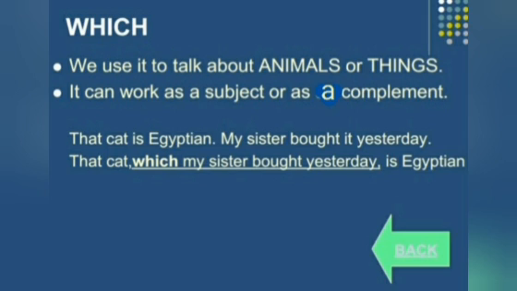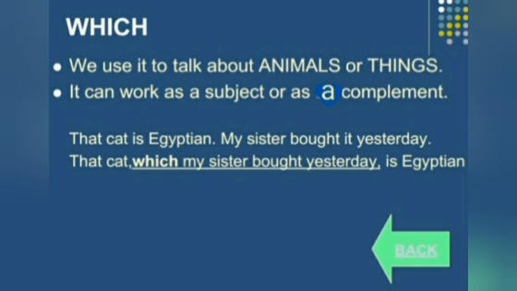Both thoughts are talking about the same thing, that is, the cat. So we can combine: "That cat which my sister bought yesterday is Egyptian." We have used the relative pronoun which to combine both thoughts relating to the same noun, that is, cat.